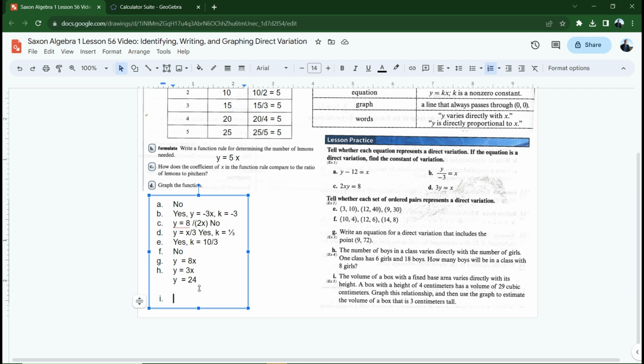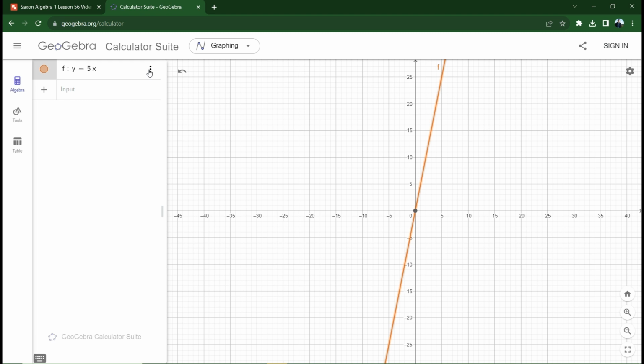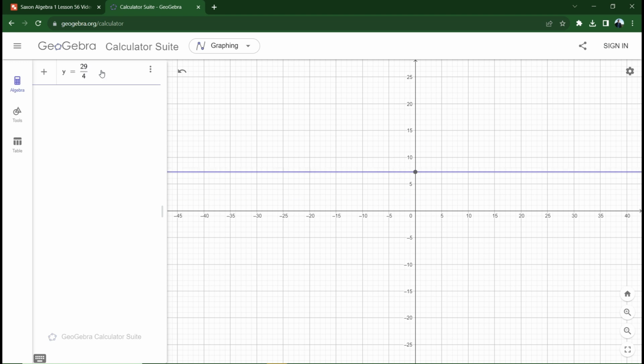All right, so I know that I have an xy of 29 for y, and 4 for x. So this is going to look like this. 29, 4. Y equals 29 over 4 times x.